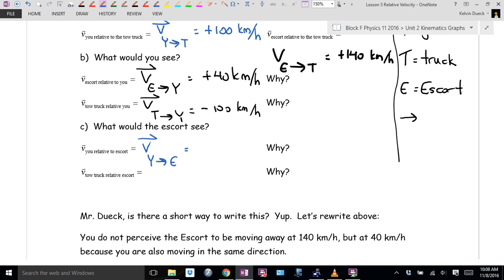As the Escort went past you, they would see your headlights getting smaller and smaller, as though you were backing up. So relative to the Escort, your velocity is negative. How big?